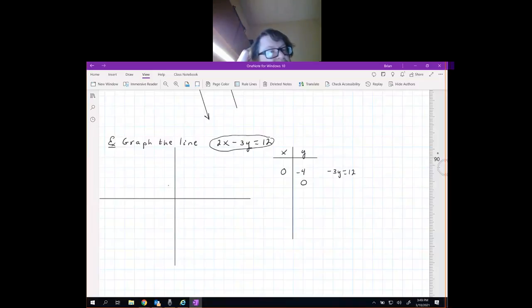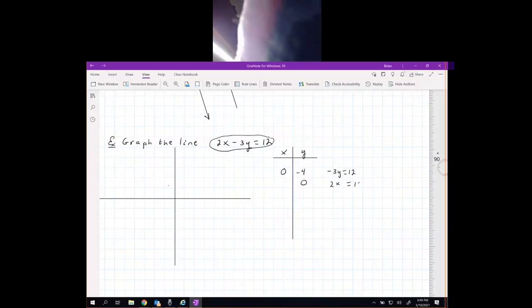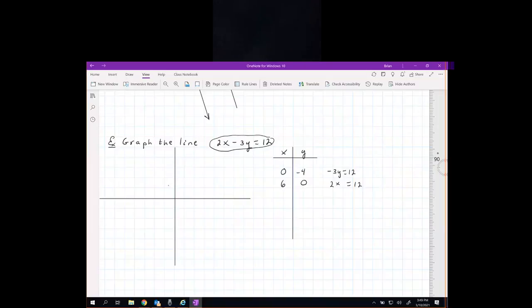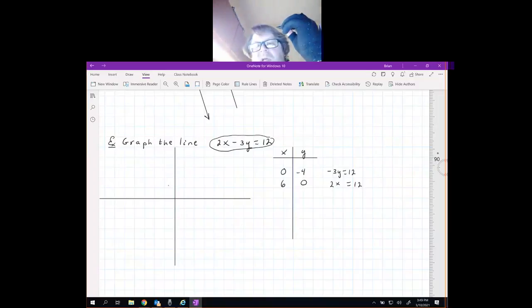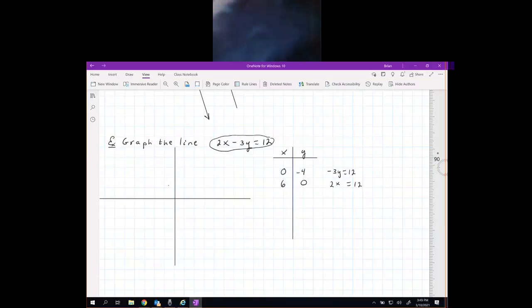And then when y is 0, I get 2x equals 12. The hard part would have been graphing more than 2 points after that. If you'd tried x equals 1 or something like that, you probably would have run into fractions.